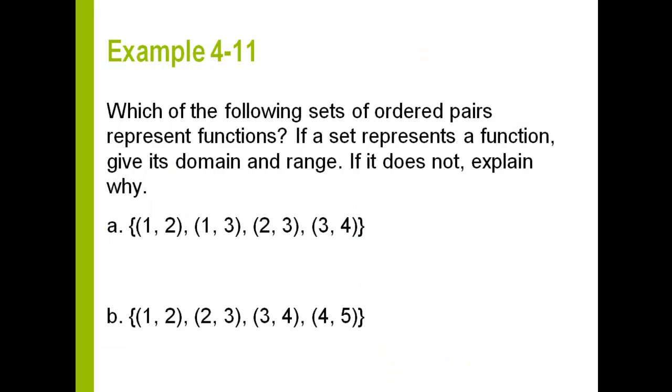Let's look at some examples of ordered pairs. So look at these and determine if you think that this represents a function or if it does not represent a function. If it does represent a function, determine its domain and range.